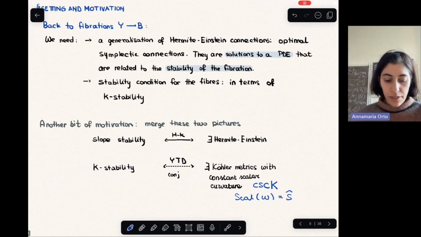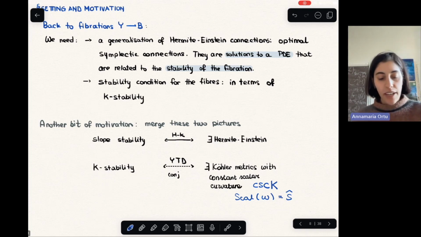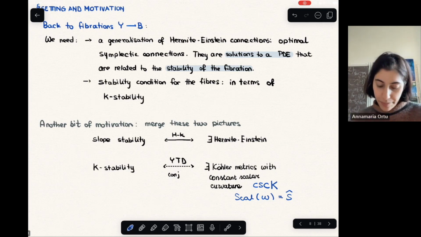So some motivation behind the study of these fibrations is to understand how these two equivalences interact with each other.